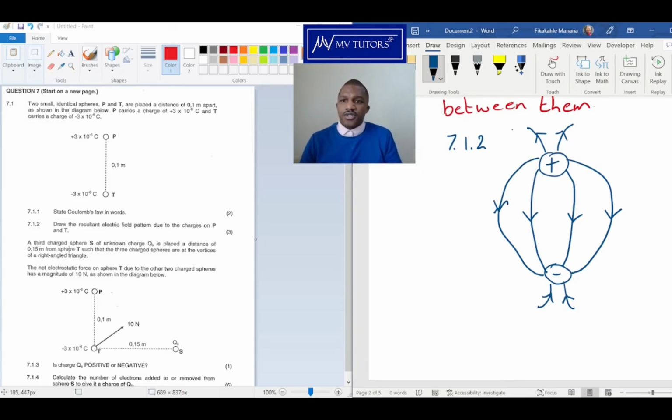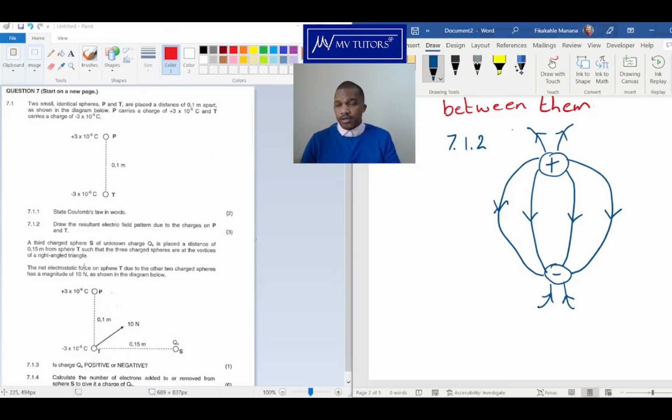It says a third charged sphere S of unknown charge QS is placed a distance of 0.15 meters from sphere T, such that the three charged spheres are at the vertices of a right angle triangle. That's cool.